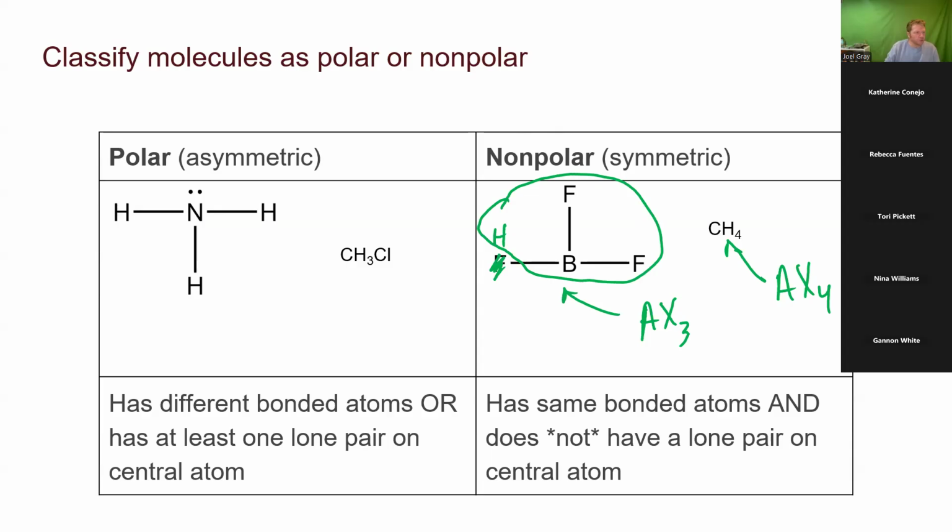That minor change that I just made, switching one of the fluorines to a hydrogen. Absolutely right. I got rid of the symmetry by replacing one of those fluorines with a hydrogen. Therefore, I've made this molecule a polar molecule. So this is polar. But then whenever I revert back to BF3, that would be a non-polar molecule because all of the adjacent atoms are identical.